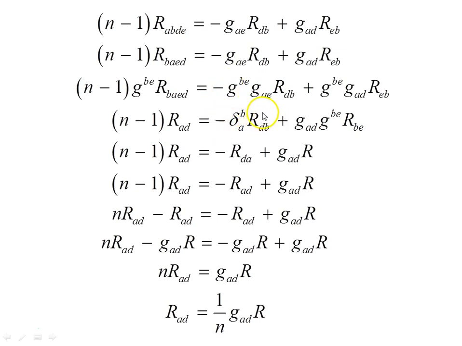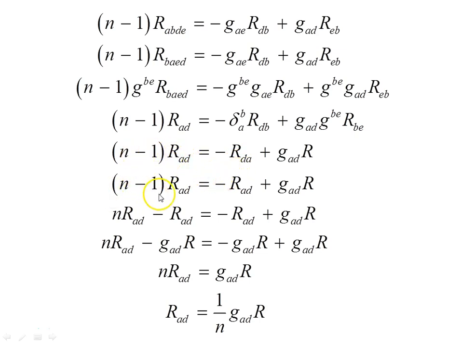Don't forget to keep the minus sign here, R d b. Over here, g a d, g b e, the b and b, e and e contract out, and this gives us the Ricci scalar, the curvature scalar. And over here, the b and b sum out, and we're left with R d a. And over here, we have R a d, n minus 1.